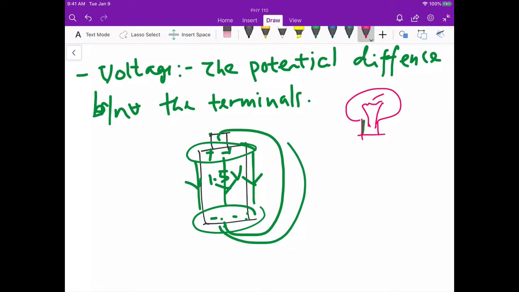So when the electrons try to pass through the filaments, since they are very small in diameter, they restrict the flow of current.